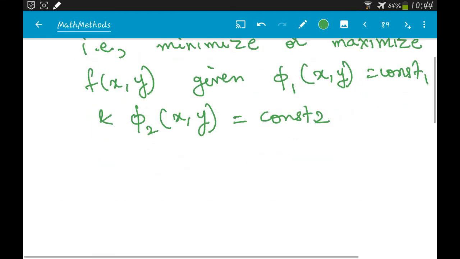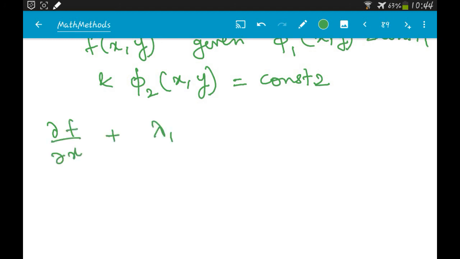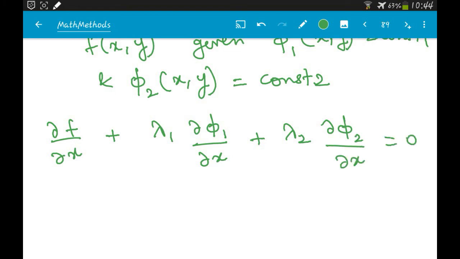Okay. So then how will you do it? Then it's just an extension of what we have already studied. So you'll have two lambda values. Okay. So we'll do dou f by dou x plus lambda 1 dou phi 1 by dou x plus lambda 2 dou phi 2 by dou x is 0.